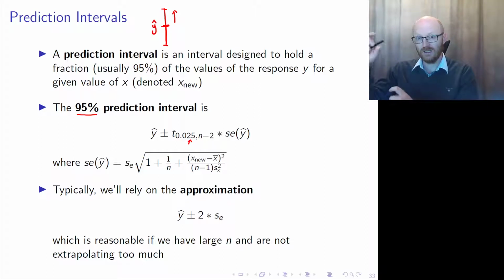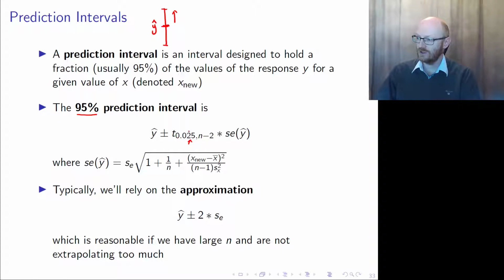So if you say that well, 2.5% of the actual values will lie outside of my prediction on either side.